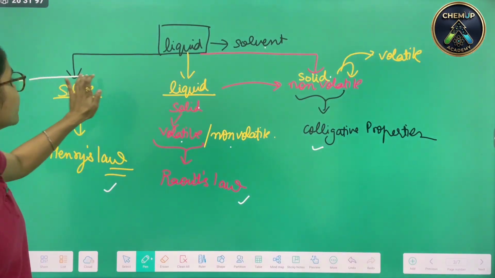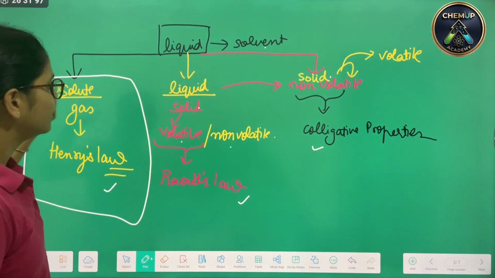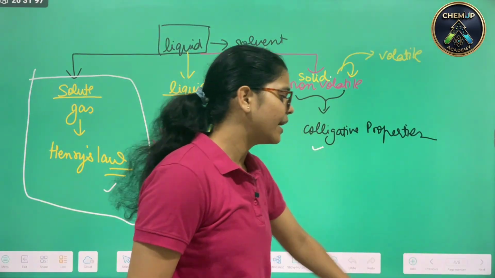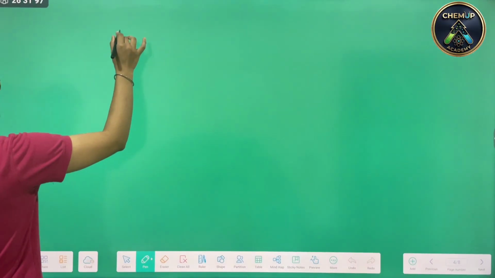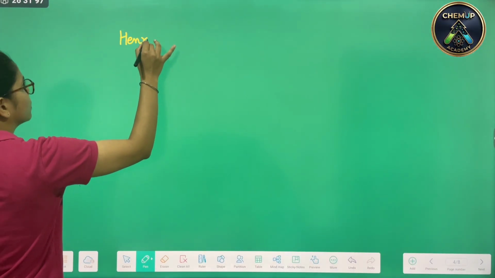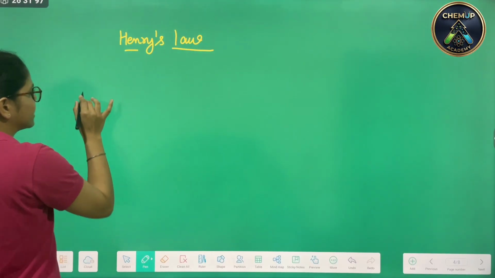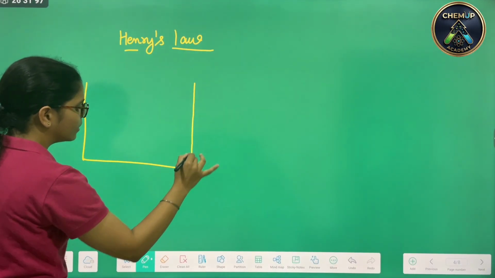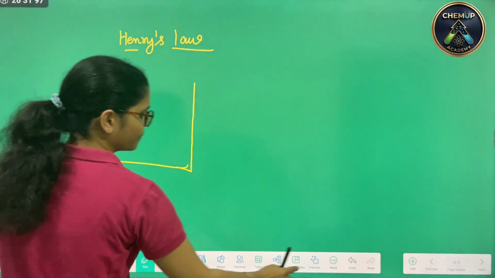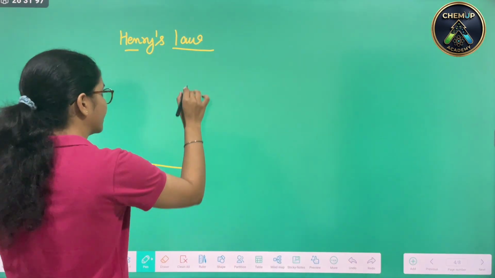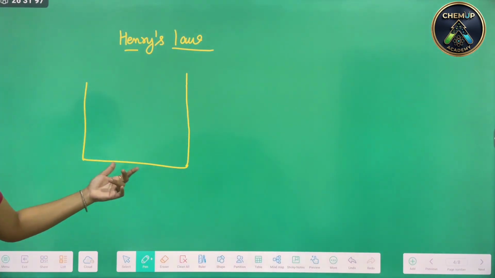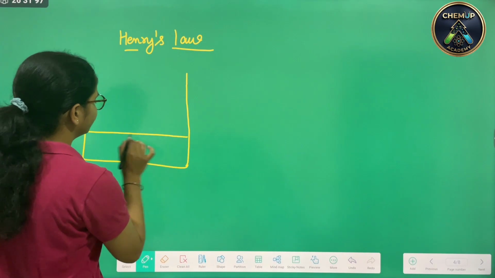So coming on to this particular case of ours, let's consider the Henry's law. What does Henry's law say? It says that there's a tumbler like this in which my liquid is present.